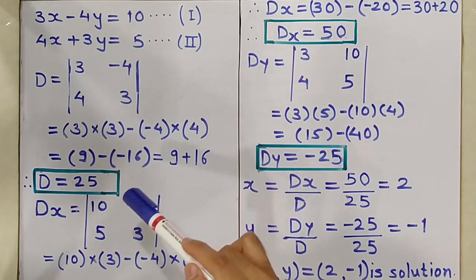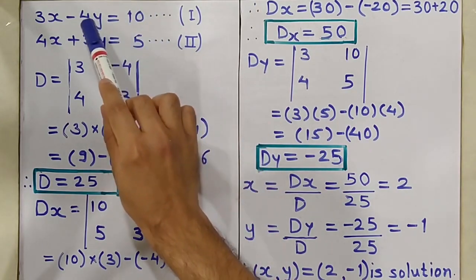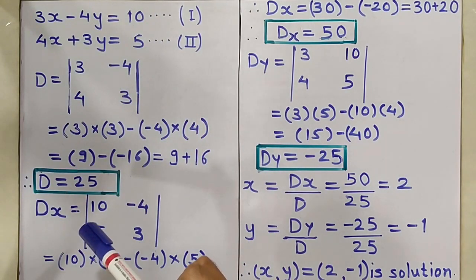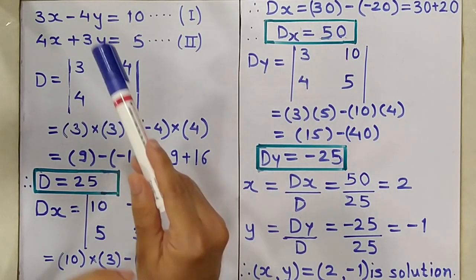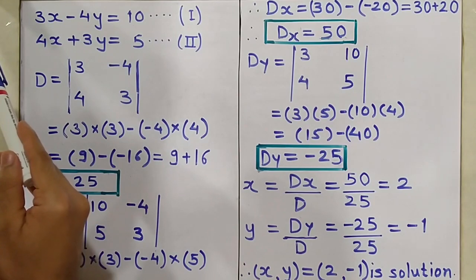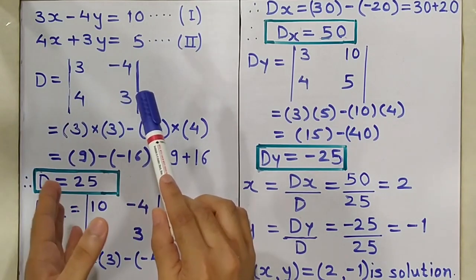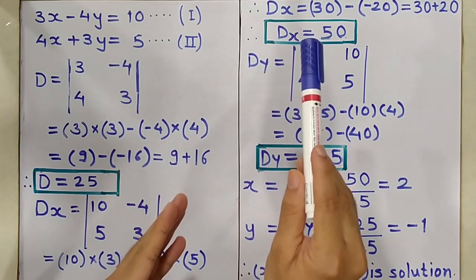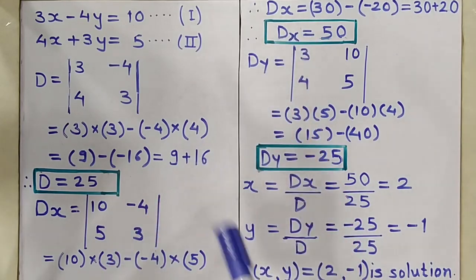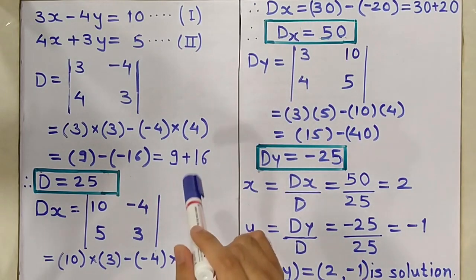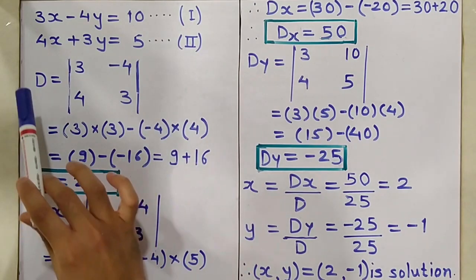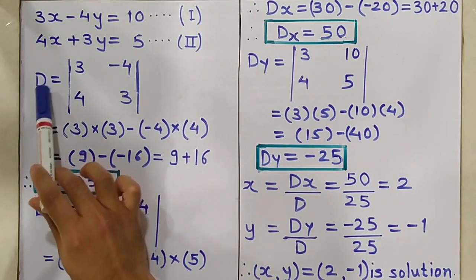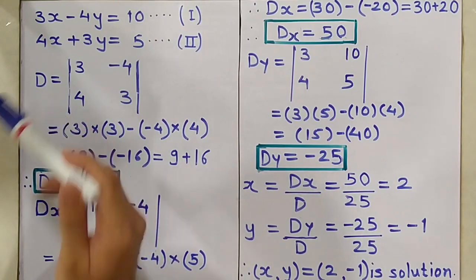But in some cases, the constant is on the left hand side. So you have to rearrange the terms in such a way that the variables are on the left hand side of the equal to sign and the constant is on the right hand side of the equal to sign. Now while solving this, in the first step you have to form determinant D. Now how to form this determinant?